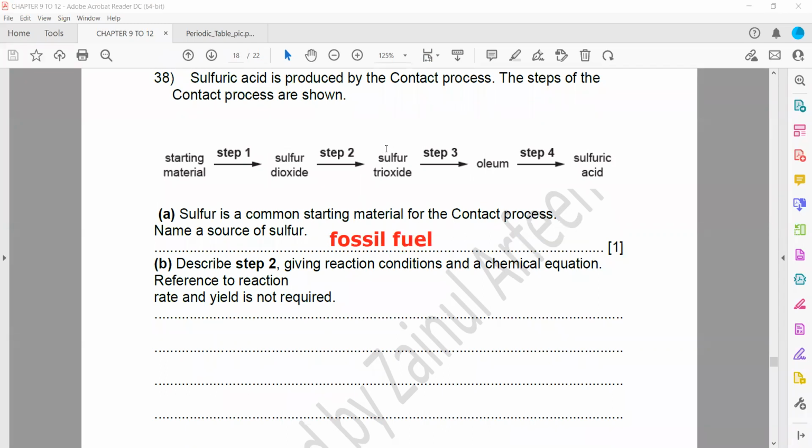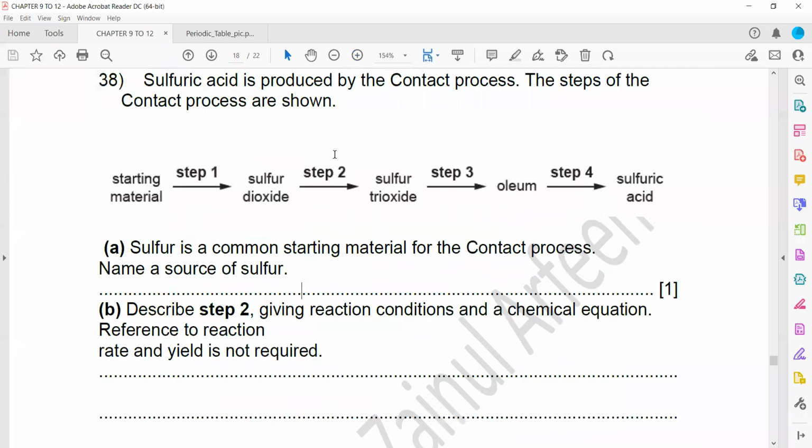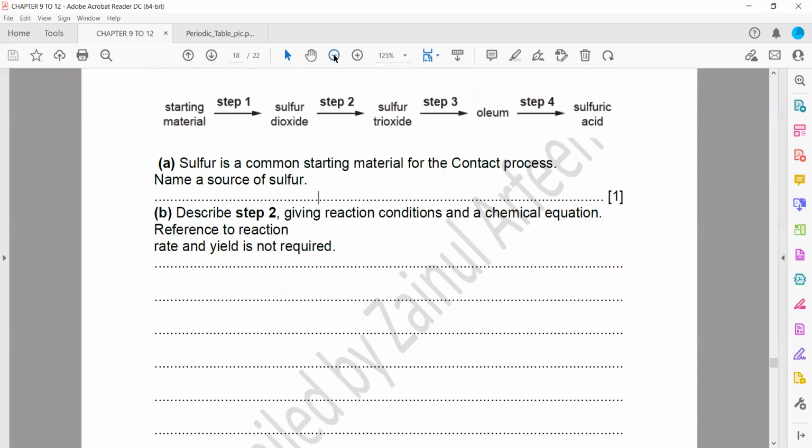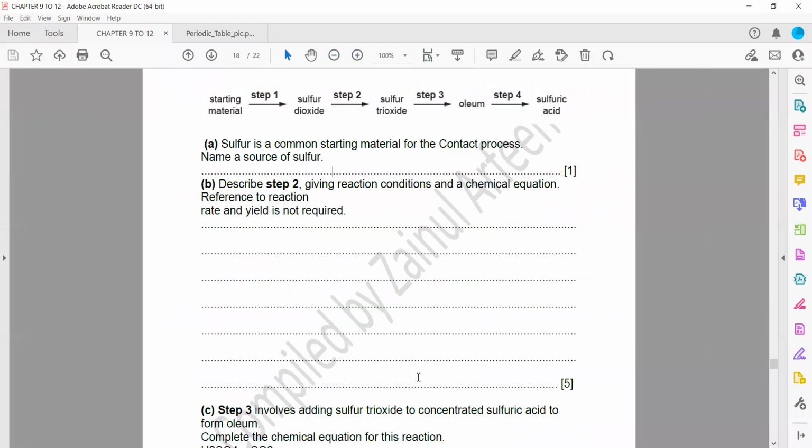Then describe step 2, giving a reaction condition and a chemical equation. The rate and the yield are not required. So step 2 is the conversion of sulfur dioxide to sulfur trioxide. That is a reversible reaction and it's 5 marks. How are the marks distributed? 1 mark is for mentioning the reaction is reversible.